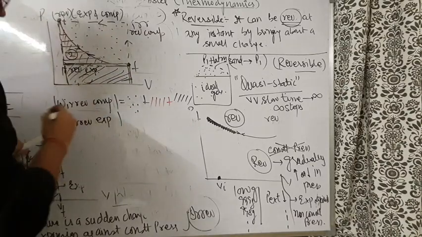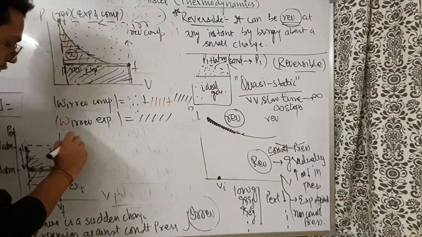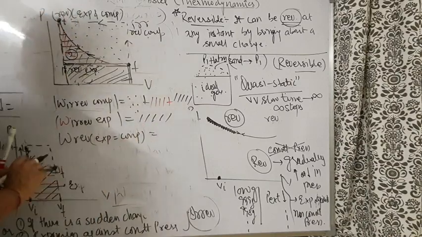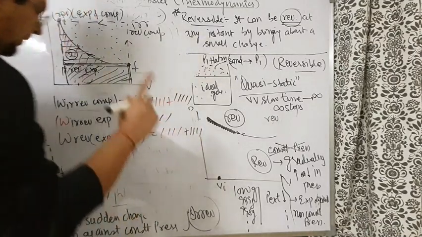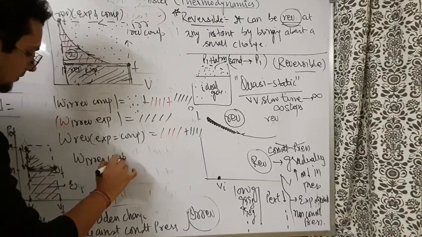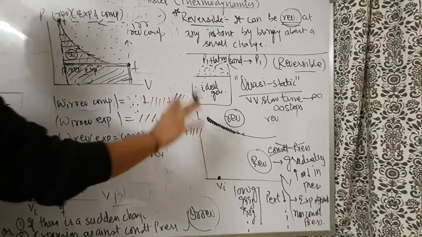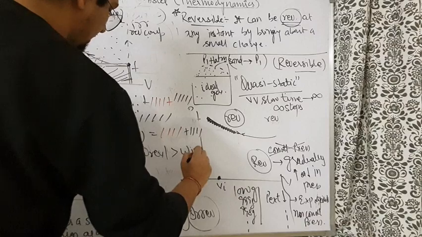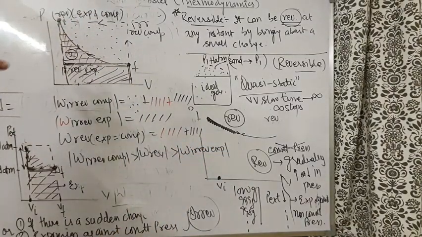So the answer will be only the shaded part. And if I ask you work done for reversible expansion or compression, they both will be equal, and that will be equal to this red color shaded area plus this black color shaded area. So we can happily say that work done for irreversible compression is more than work done for reversible expansion as well as compression. Same work will be there in magnitude, and is more than work done for irreversible expansion in magnitude. This is from the graph.